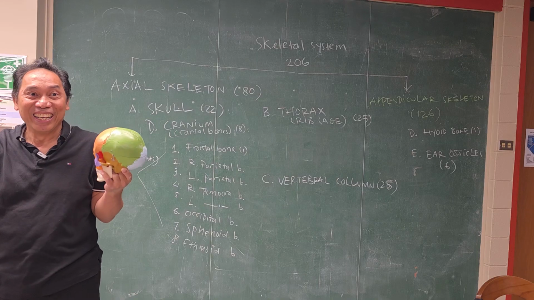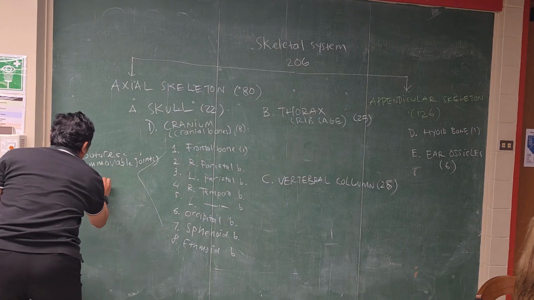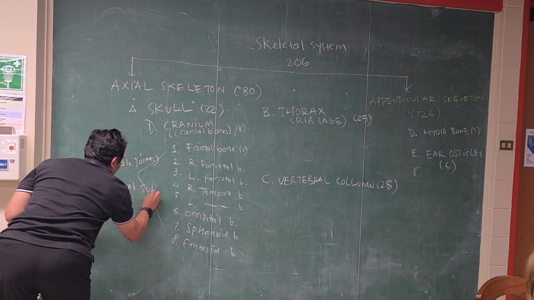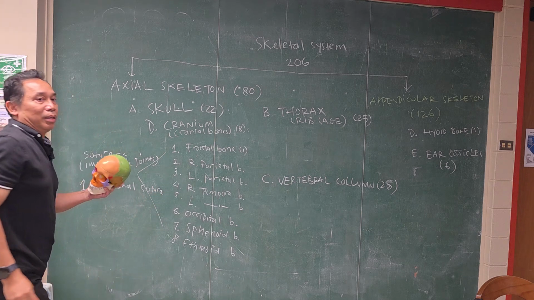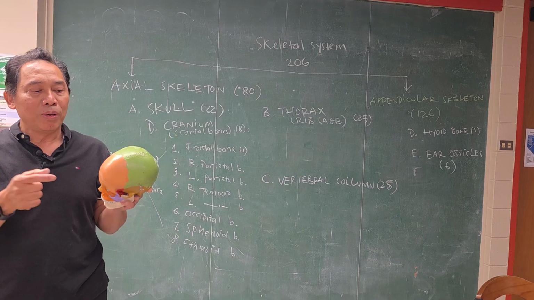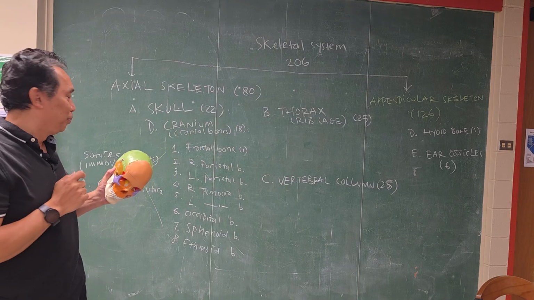Therefore, the name is crown also. It's called the coronal suture. Coronal means crown. Make sure you write it down. Between what bones? Between frontal and 2 parietal.